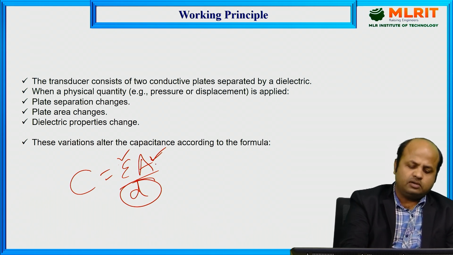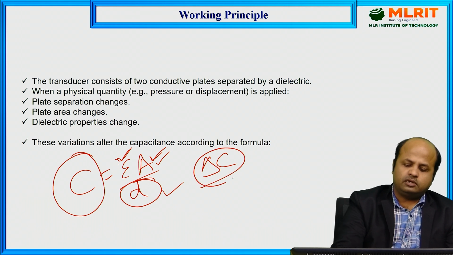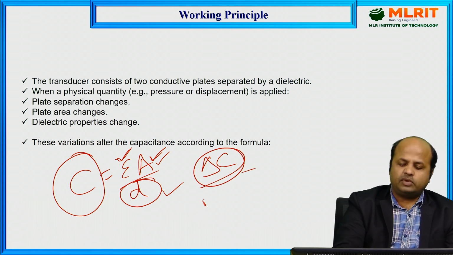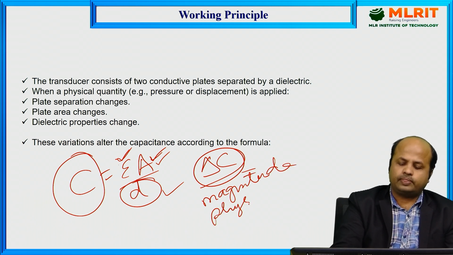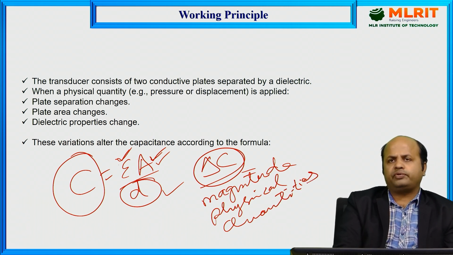So whenever the area changes, or the distance between the two plates changes, or the dielectric material changes, obviously the capacitance will change depending on the magnitude of the physical quantity.